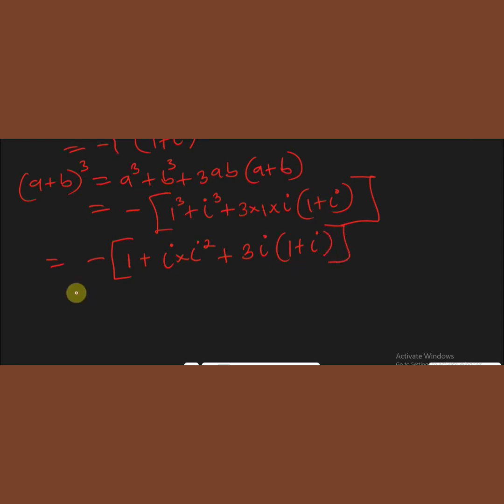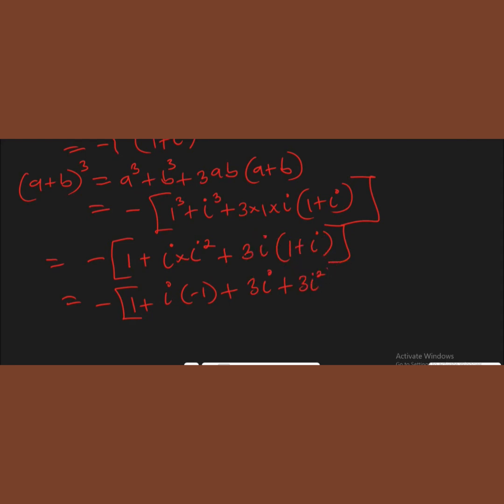Okay, I'll still simplify further. This is 1 plus, remember that this is going to be minus 1. So I'm going to have i times minus 1 plus, I'll clear the bracket, I have 3i plus 3i square, because i times i is i square.